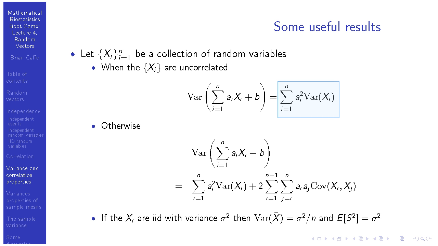Let's think about the specific case when b is 0 and the a's are all 1. That just means that the variance of the sum is the sum of the variances. And here we just wrote out a slightly more general term.